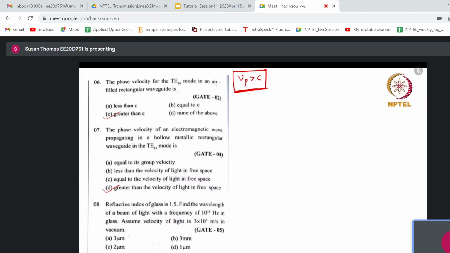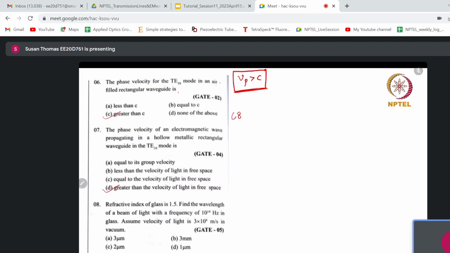Now coming to eighth question, refractive index of glass is 1.5. Find the wavelength of a beam of light with a frequency of 10 power 14 Hz in glass. Assume velocity of light is 3 into 10 power 8 meter per second in vacuum. Okay, so the question is, you need to find the wavelength.